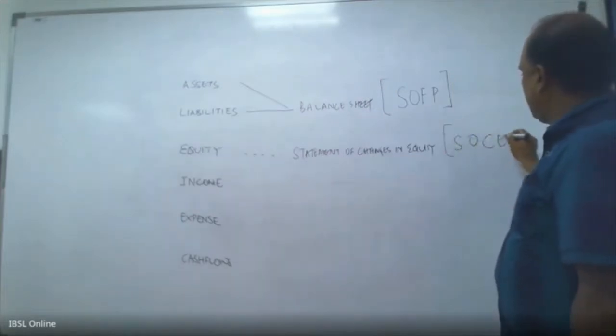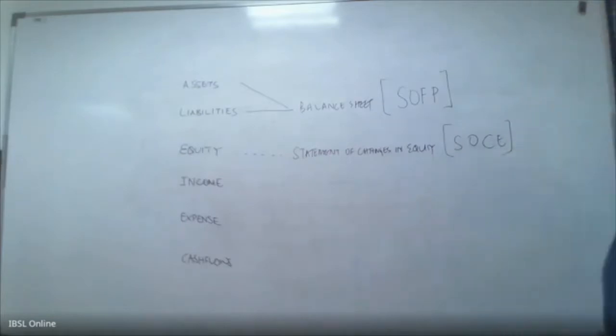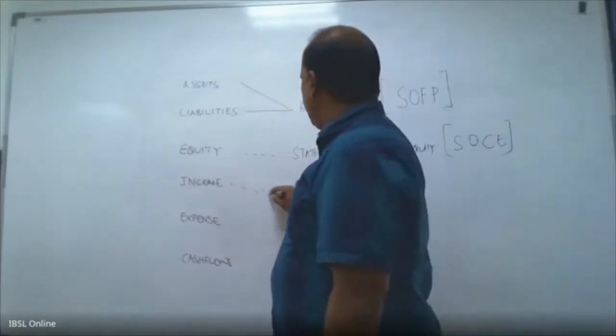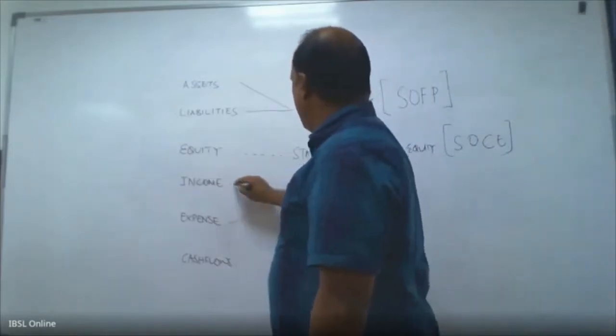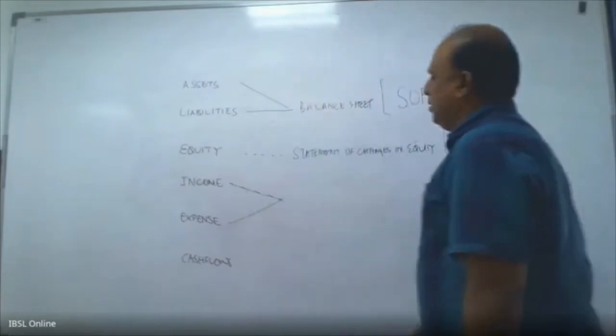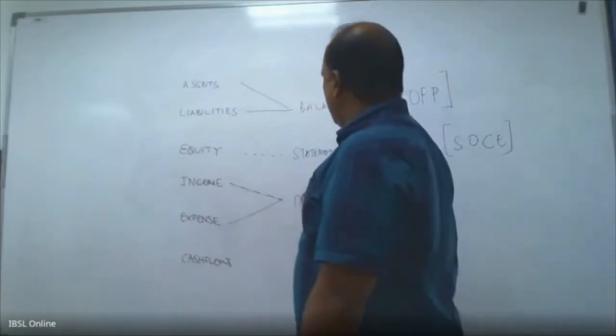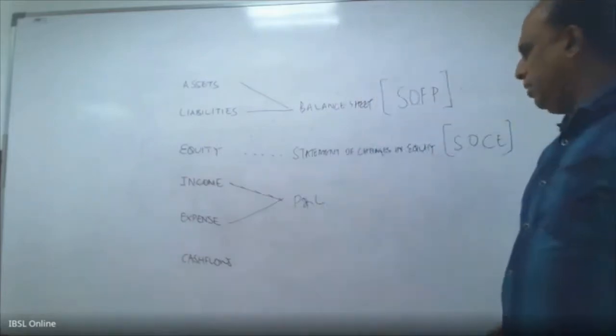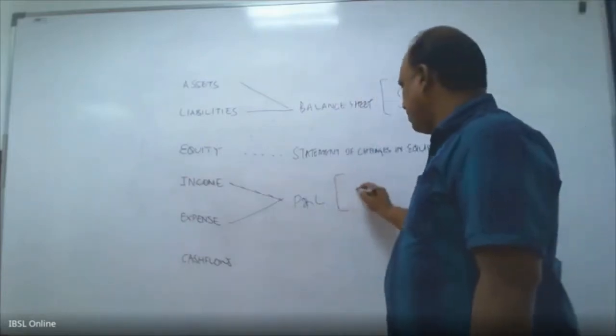SOCE, statement of changes in equity. Then we have the income and the expense. It goes into the P&L. Traditionally we call it the P&L, but now it has a new name.